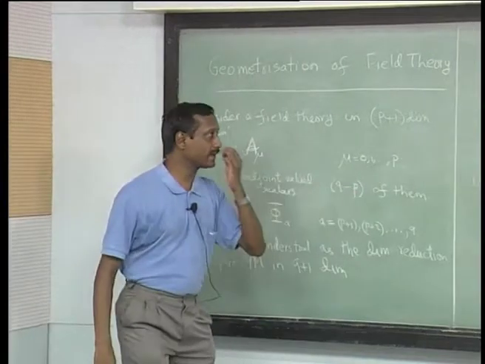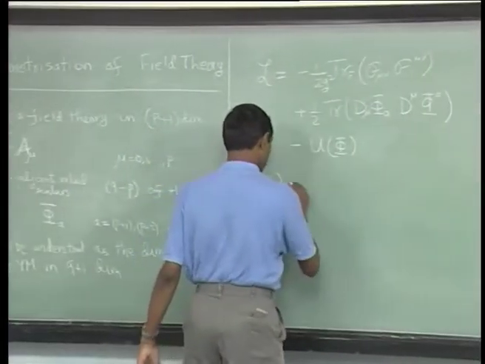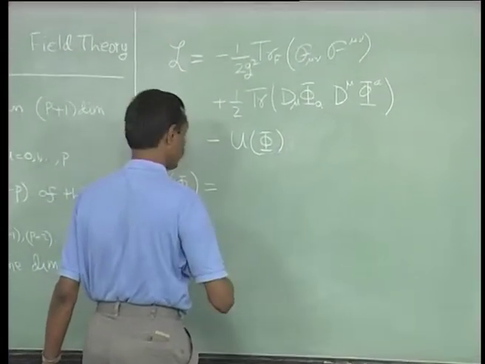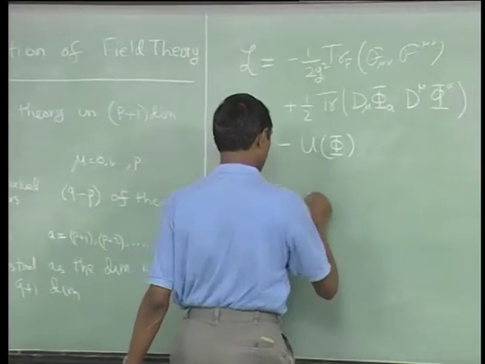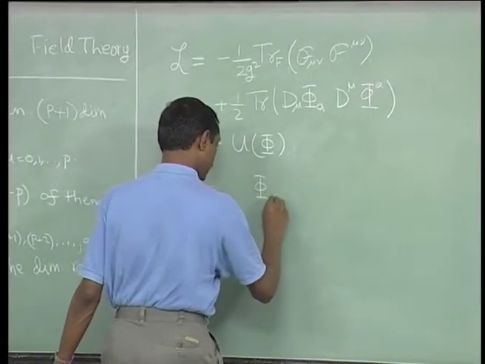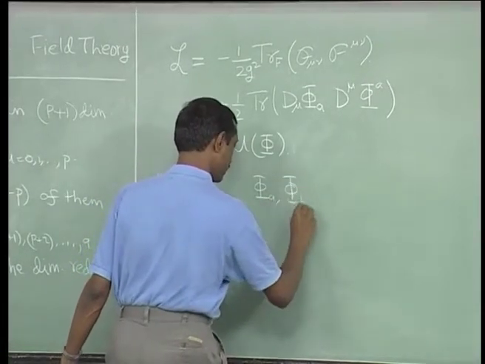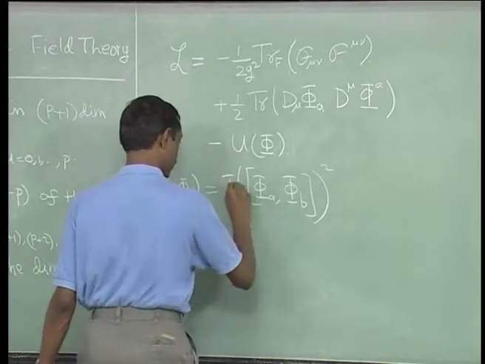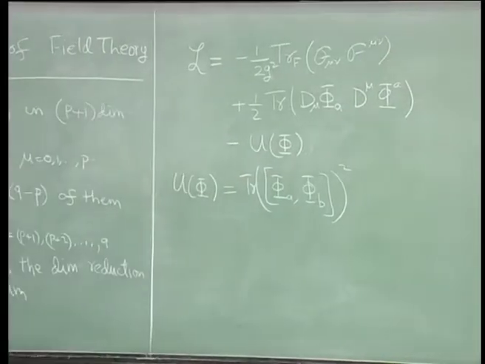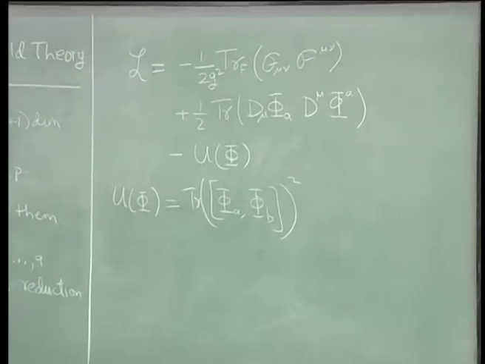So the U of phi is, like we had discussed, going to be something like phi a, phi b, take its commutator, whole square and a trace. Okay.